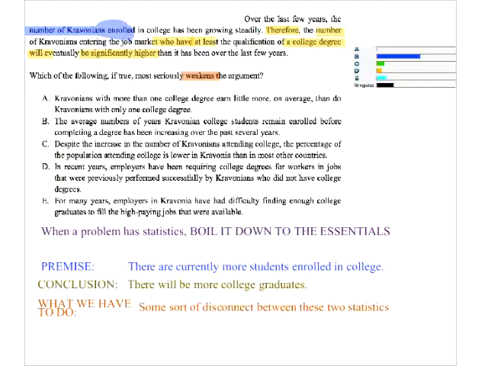One, can anybody come up with their own weakener to this problem that would be different from what's in the correct answer text box? Like, how else could you disconnect the number of enrolled students from the number of graduates? Yeah, a couple of you are getting at another thing that we could do.